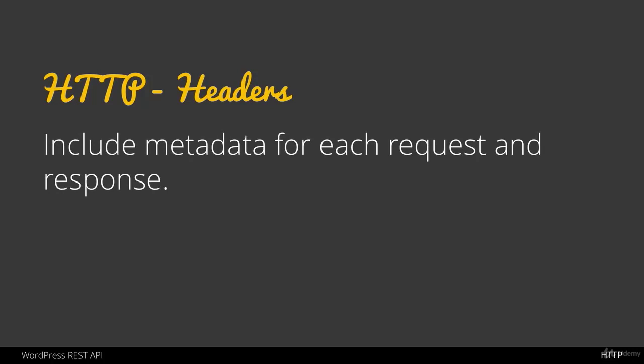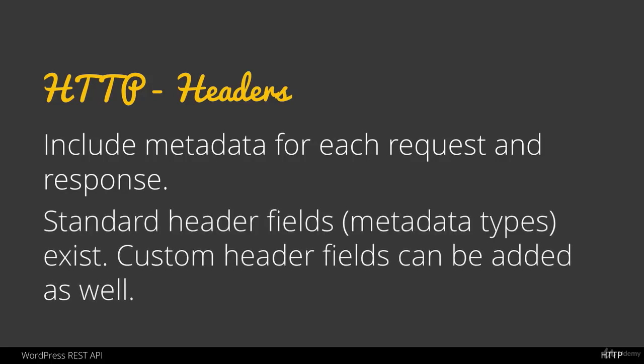So there's a whole array of types of metadata that can be passed. And what we'll see are there are some standard header fields or metadata types that exist. And then custom header fields can also be added as well. And in fact, WordPress adds its own custom header fields that we'll see a little bit later on.